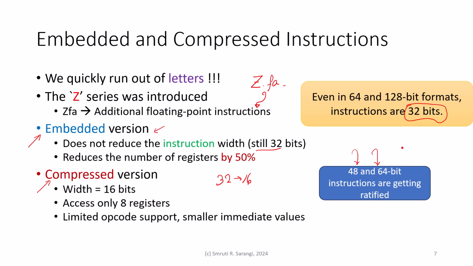Also, the instructions and opcodes that are supported are kind of limited. And RISC-V supports in general 12 or 20-bit immediate values, but in the compressed form, it is actually much smaller. So this is for ultra small and ultra low power processors. They are the ones who would actually benefit from the compressed version of the ISA.